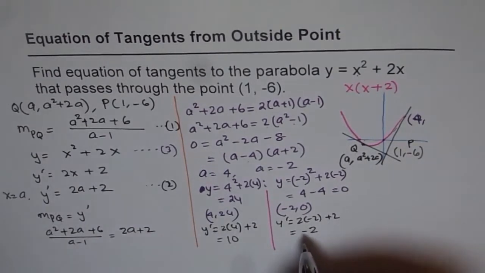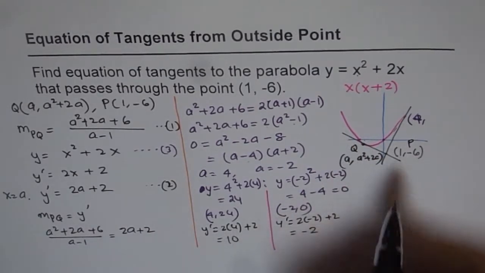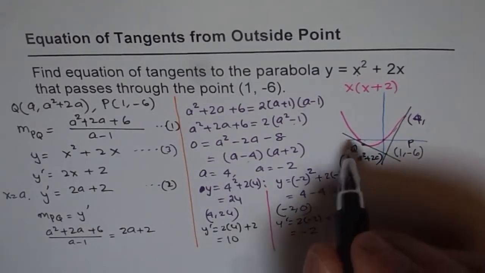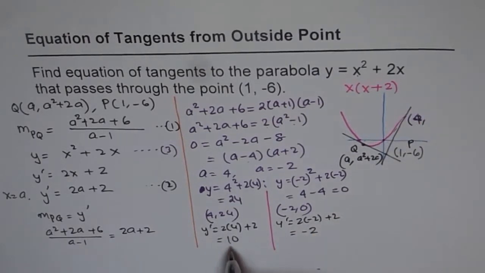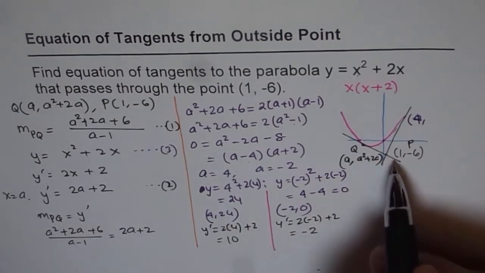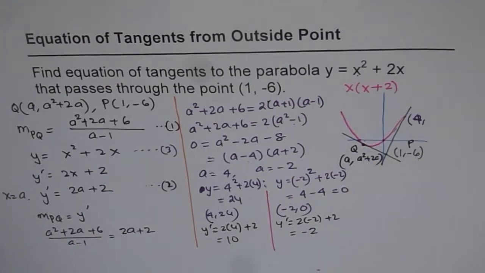So slope is minus 2 for the other line, which is this negative line, okay? Negative slope minus 2 and positive slope of 10. Now we know the slope and we know a point on this line. Rather we can use 1, minus 6 also. And knowing the slope and the point, we can find the equation of the line, correct? So let's do that part. Let's find the equation of the line now.